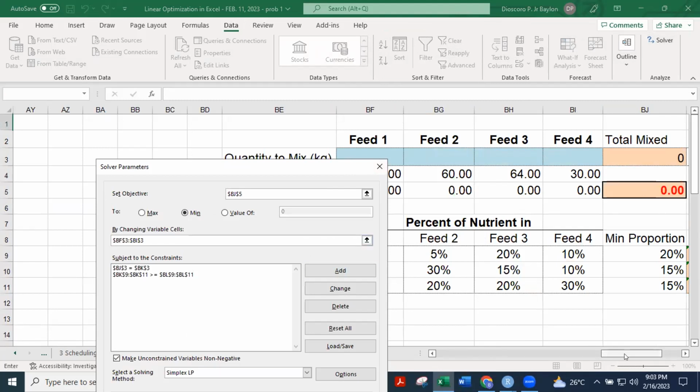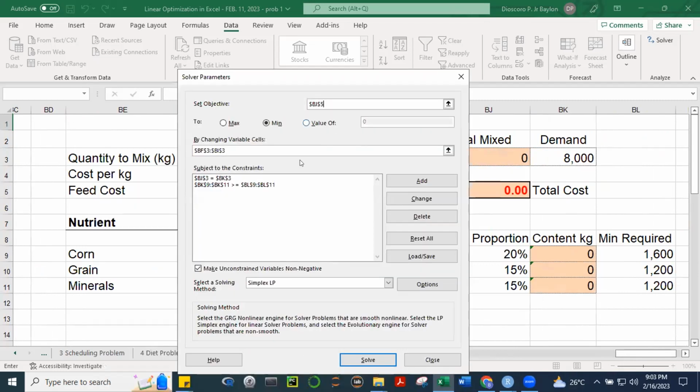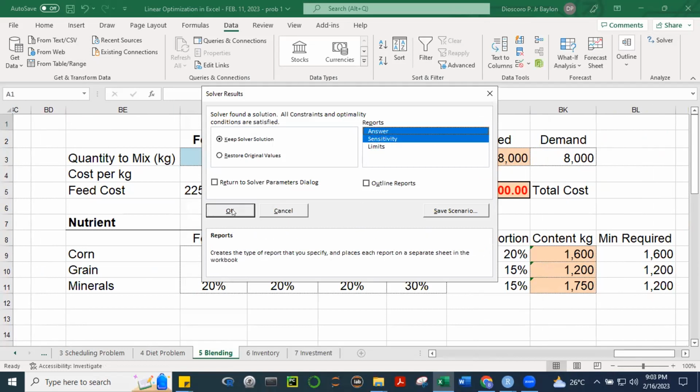And then the constraints: total mix is equal to the demand, and the content should be greater than or equal to the minimum required. The non-negativity is here, make unconstrained variables non-negative. And then we're using simplex because this is an LP. And then solve. So we can generate here the sensitivity and answer reports.